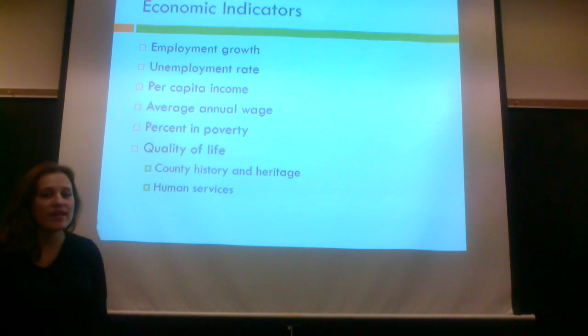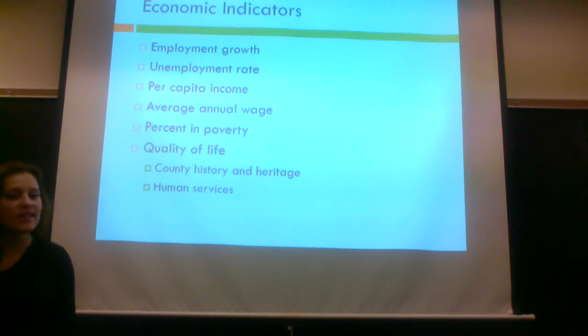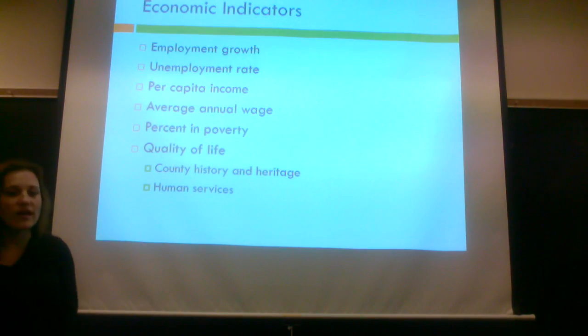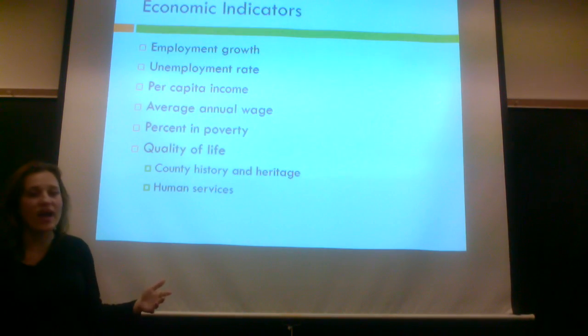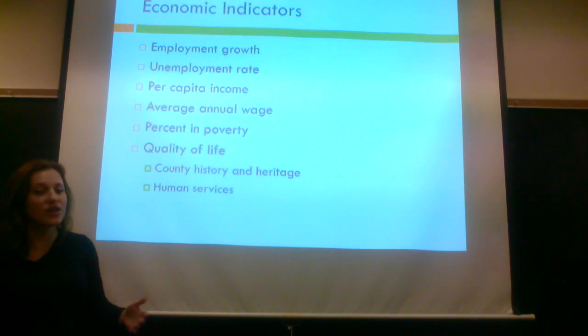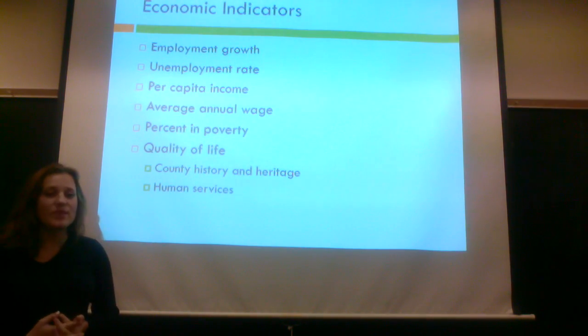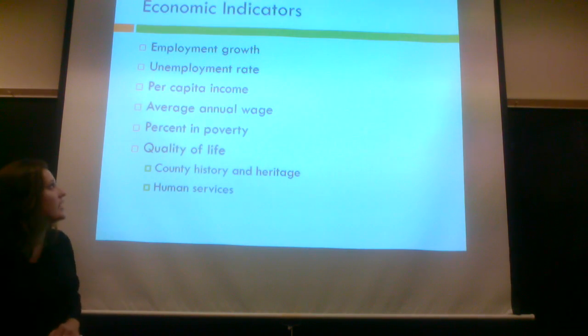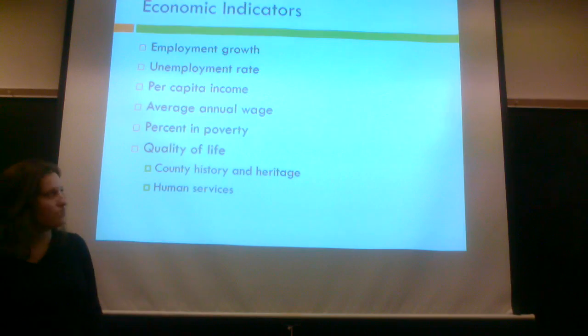So you can determine economic growth by using economic indicators. And here we have some examples of economic indicators, the first being employment growth. If the county, for example, has a very large employment growth over time, then that's a good thing because that means that businesses are doing well, they're able to hire more people, and employment is going up.